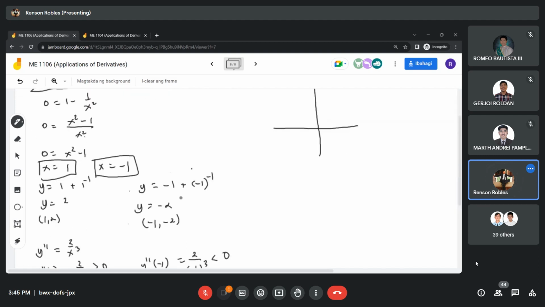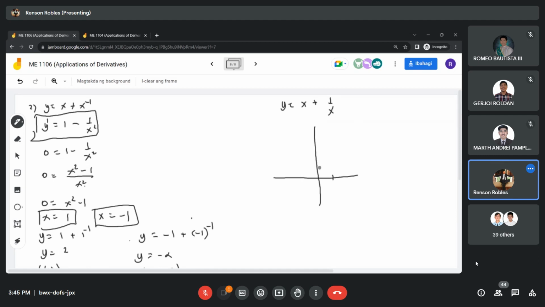One, 2, and negative 1, negative 2. Negative 1, negative 2. Alright? And then, we can now trace it. There is an asymptote because of y equals x raised to negative 1. X cannot become 0.